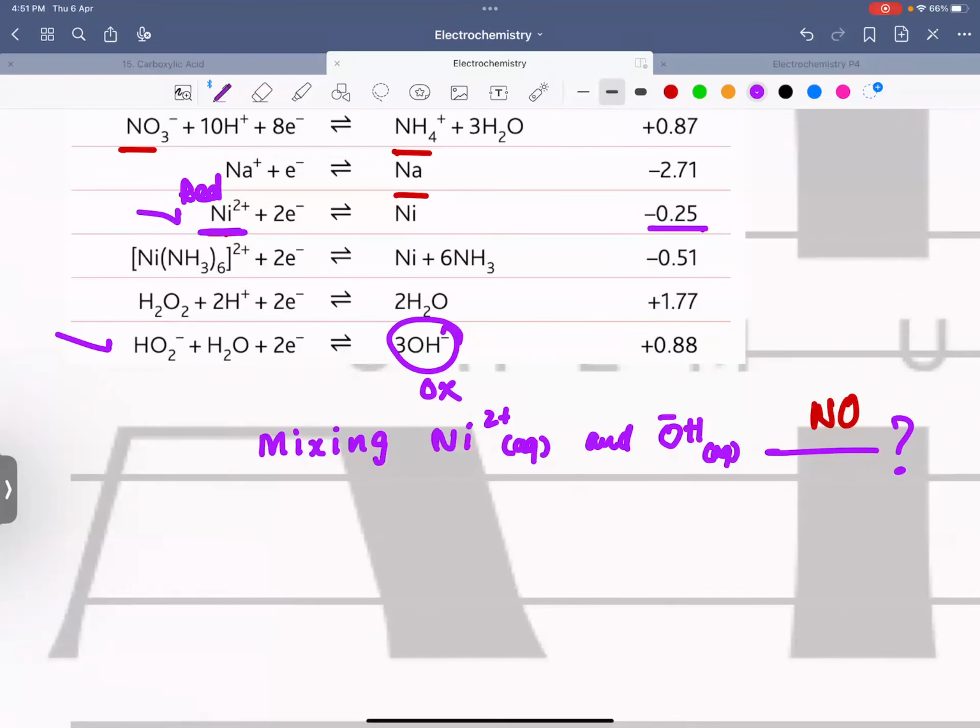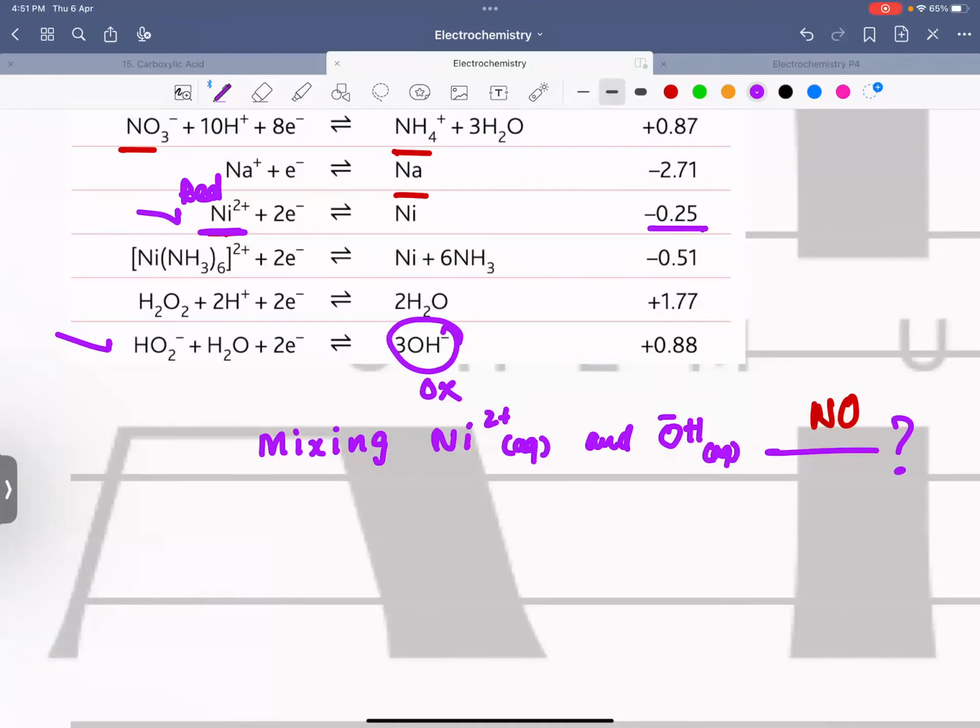Is this clear? First tell me, is this point clear to everybody or not? Yes, Iza, Mahi, Mariam, Mubashir, Sanwan, Talha. So we have decided the one which undergoes reduction has a greater E naught value, and the one which would go oxidation has a smaller E naught value.